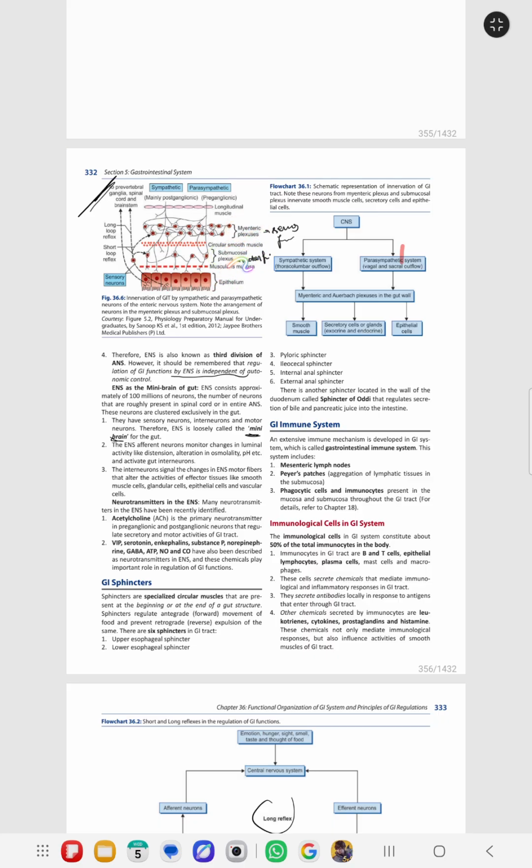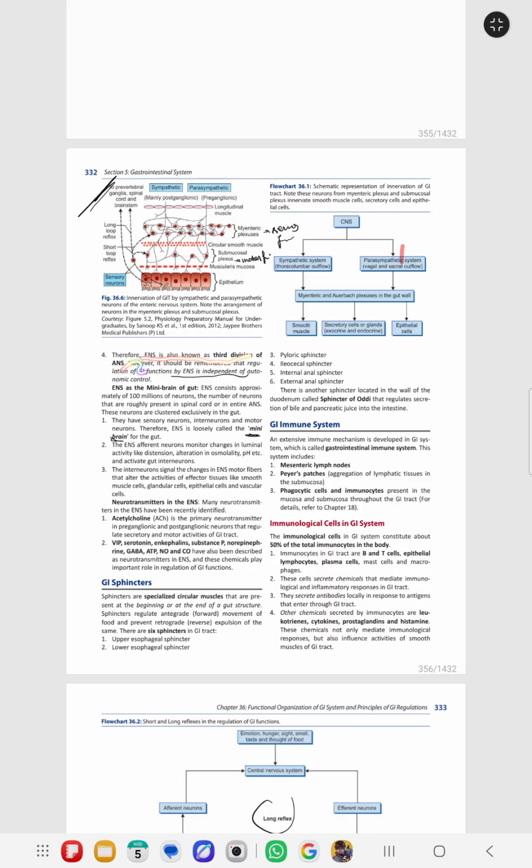The submucosal plexus is just below the mucosa, muscularis mucosa, and the myenteric plexus lies between the longitudinal muscle and circular muscle.